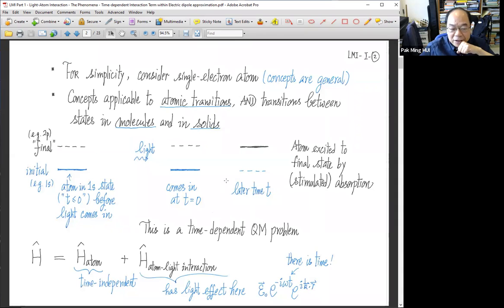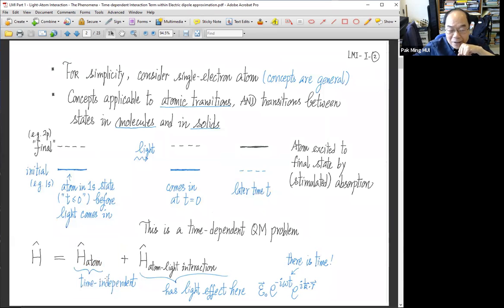by our time-dependent perturbation theory. The big picture is as follows. When we have something like this, we don't have an isolated atom anymore. Before this point, we always thought about an isolated atom. We have the Hamiltonian of the atom, and we know how to solve the time-independent Schrödinger equation for the atomic states.